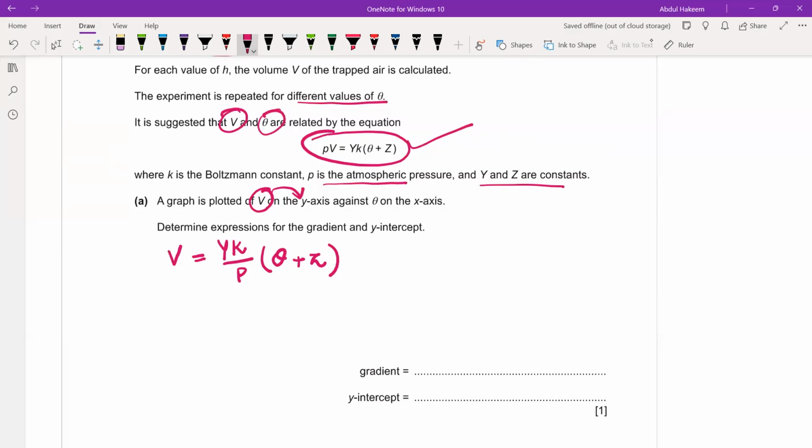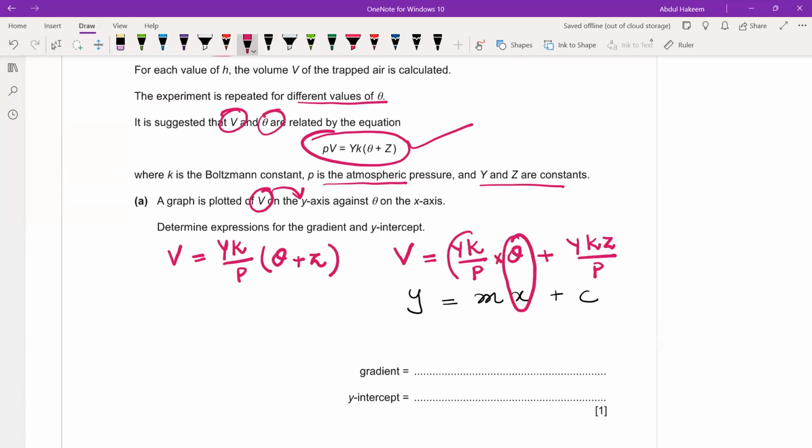And then we will simplify it like this: V is equal to YK over P times theta plus YKZ over P. And then we will compare this equation with the linear equation y = mx + c. So when theta is plotted on the x-axis, then this is the gradient and this is the y-intercept.